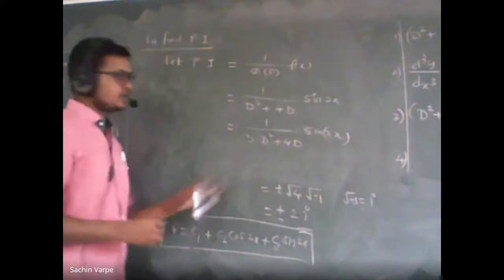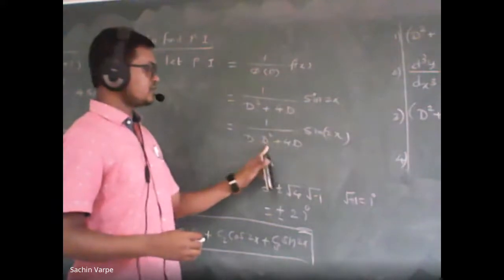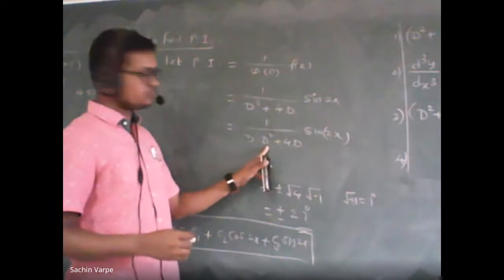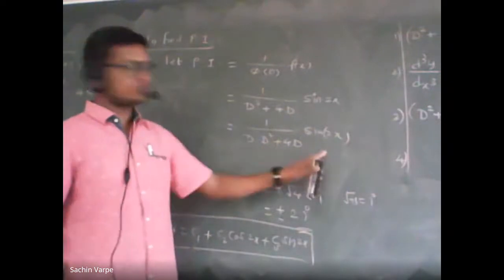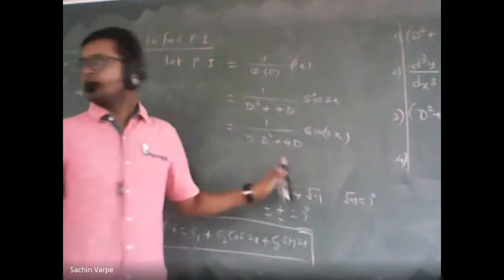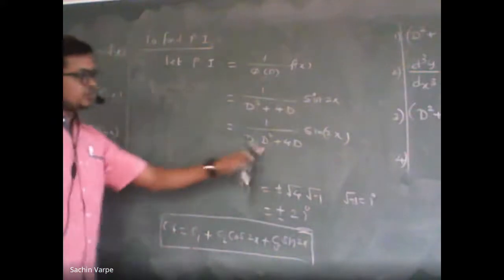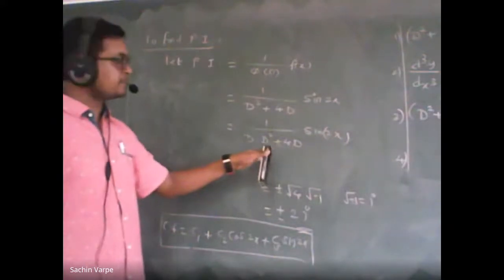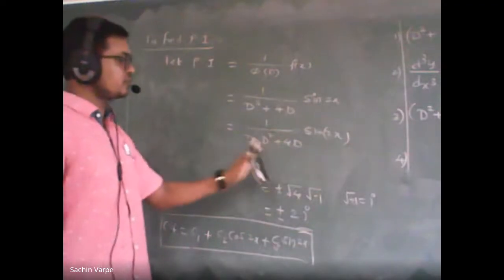And now, if I replace D square by minus a square, then what will it be? Minus 4D, isn't it? D square by minus 4. So that will be minus 4D and plus 4D. All right. So that is a case of failure, since here minus 4D plus 4D will be 0.